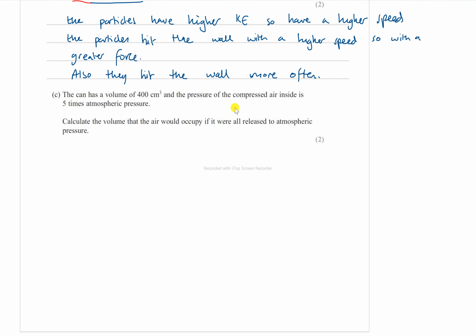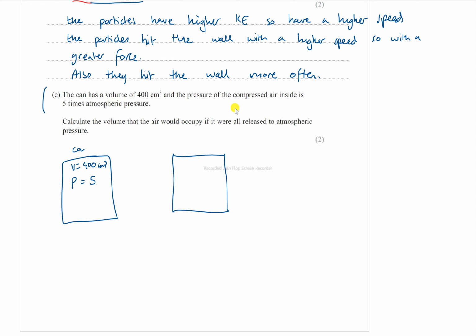Right, so what they're saying is you've got a volume of 400 centimeter cubed and a pressure of 5 atmospheric pressures. Now, if you released it, the volume that's compressed, and this is in the can.